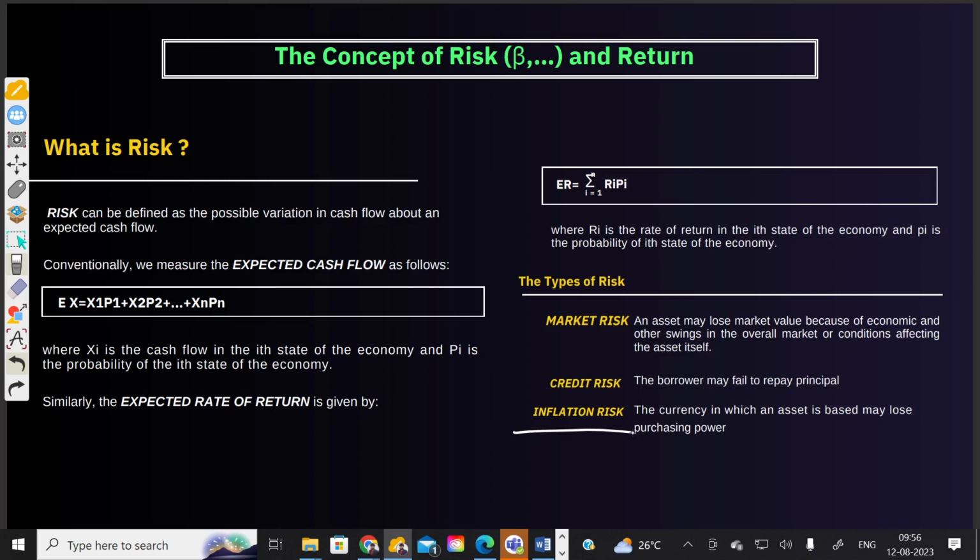If you see their bond market yield, it is at 5 to 7%, and inflation is again at 5 to 7%. So this becomes no yield from the bond market investment.